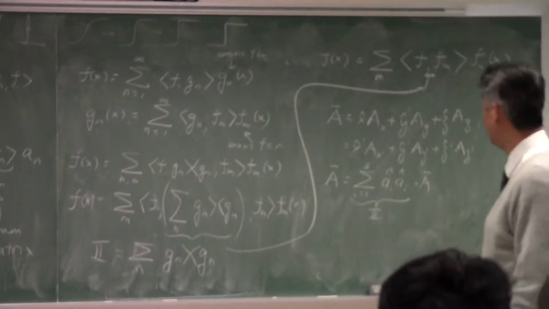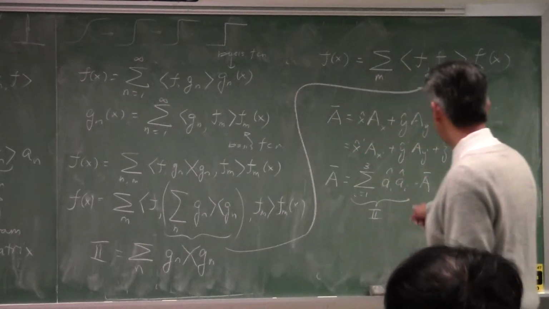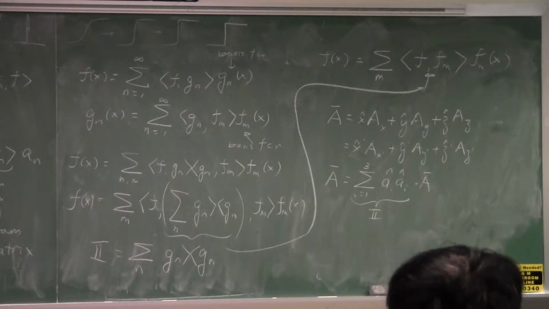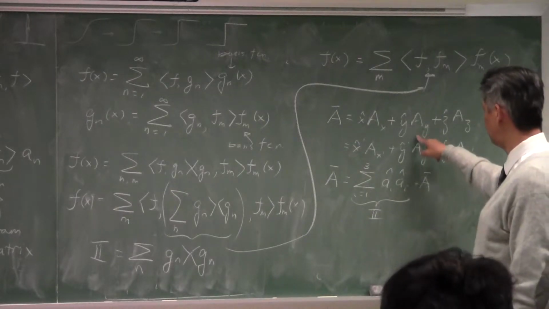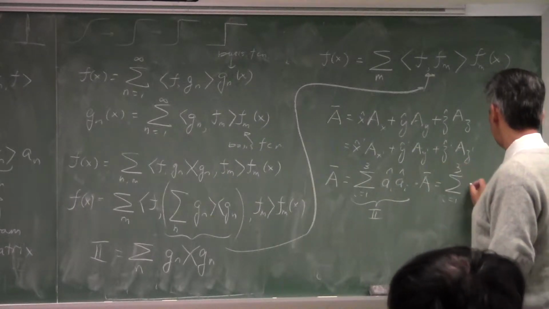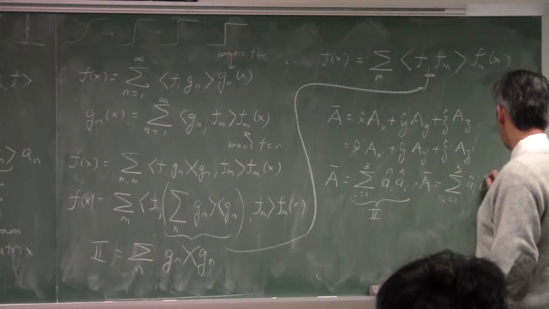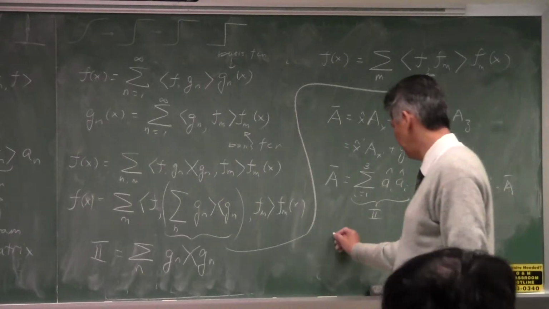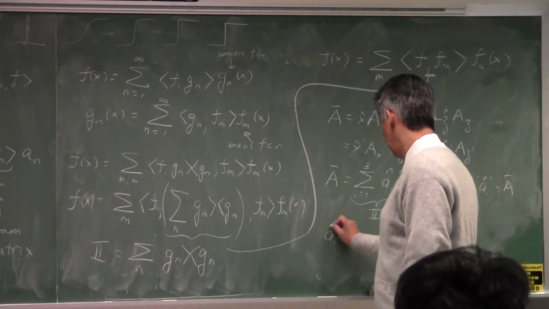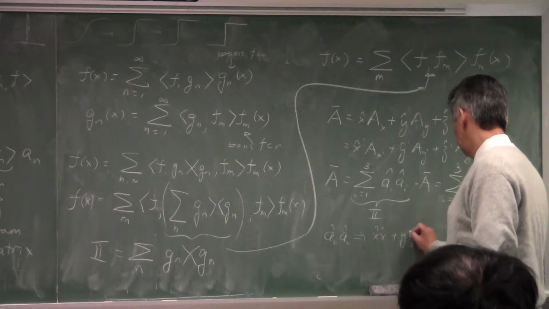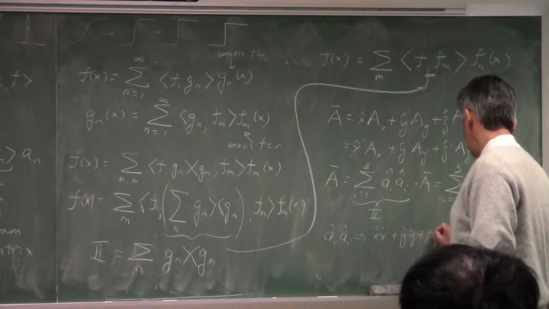You can think of my g_n as my unit vectors x, y, z. And then if I form that identity operator, I can multiply any vector a by it, I will get one representation. If I multiply by another representation, say a_i prime dot a, I will get the other representation. You can think of a_i hat as being x hat, y hat, z hat.